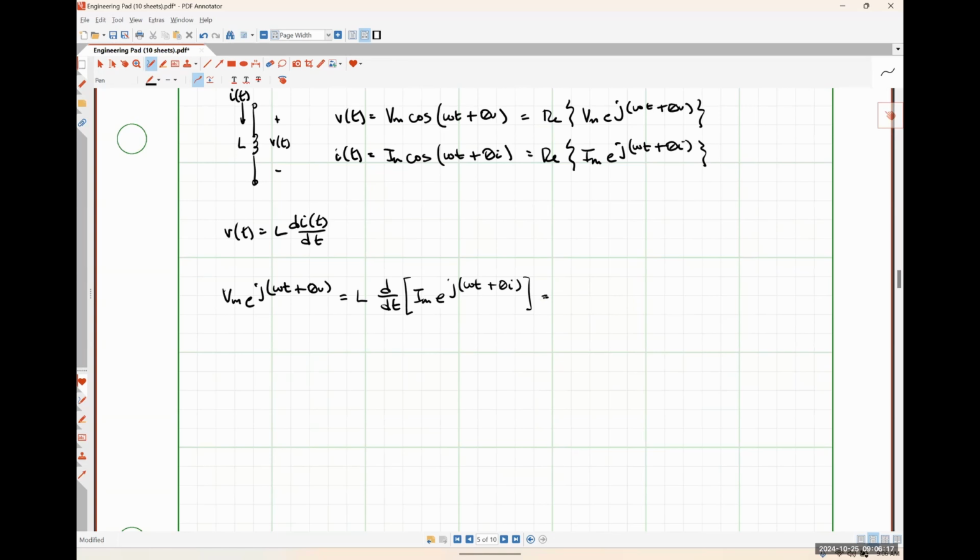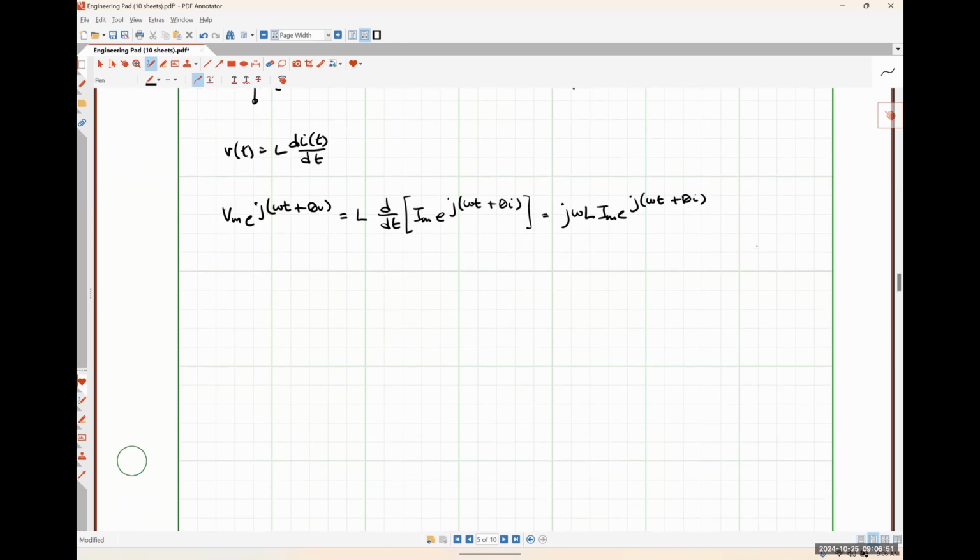Let's perform that derivative. What's the derivative of Im e to the j omega t plus theta I with respect to t? It's going to be j omega times the original expression. Absolutely right. So this is going to reduce down to j omega L times Im e to the j omega t plus theta I. I'm going to do some manipulation of this.